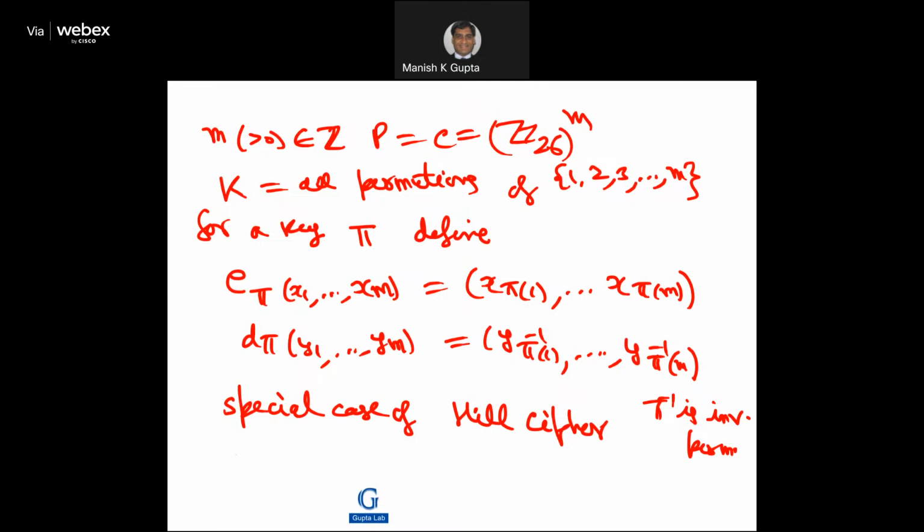Now, an interesting thing to note: this is a special case of the Hill cipher only. Can anyone tell me how? In the Hill cipher, the vector is multiplied by an m by m matrix K, and you get the output, right? So we are claiming that this permutation cipher is a special case of the Hill cipher.